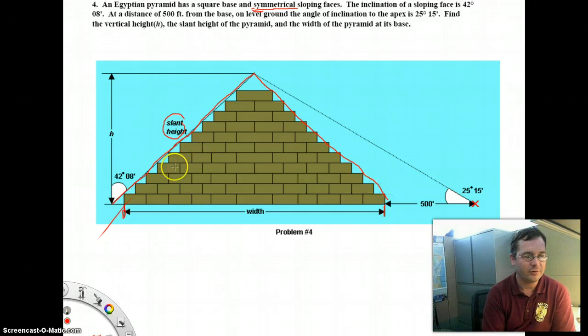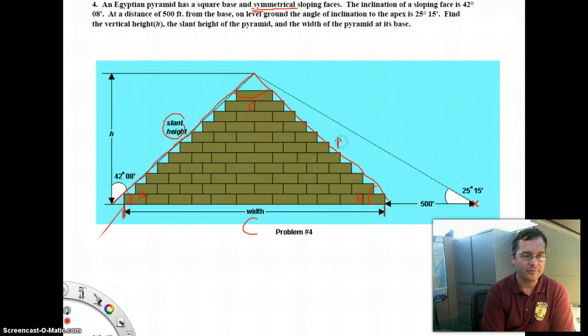If it's symmetrical, what that means is that whatever this angle is over here, maybe we call this angle A, has to be equal to this angle B. And we'll call the angle at the apex up here angle C. These are all lowercase, which would mean that this base here is side C, uppercase.